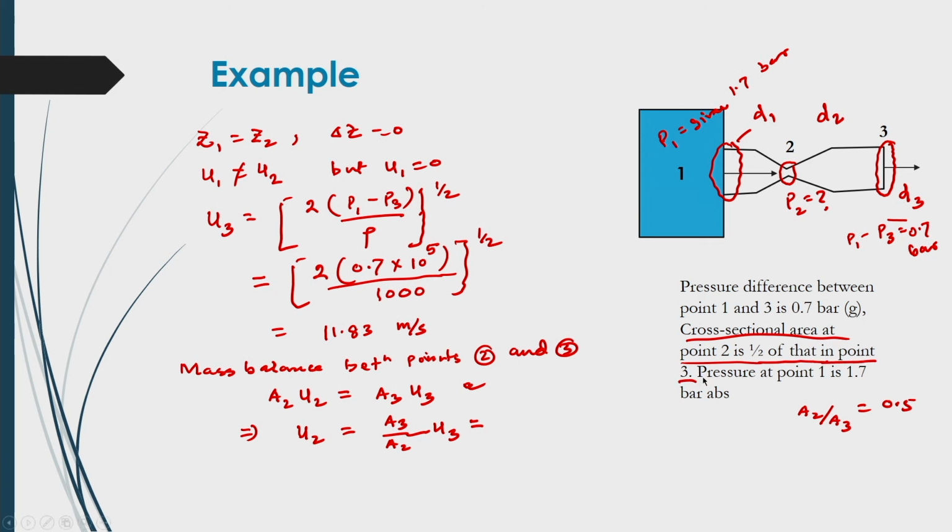So, finally, after substitution of A2 by A3 and U3 as 11.83, divided by 0.5, we have this value as 23.66 meter per second.